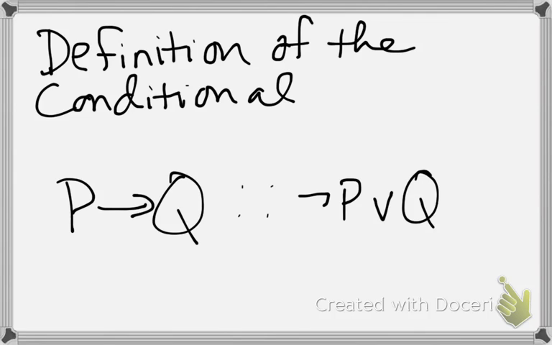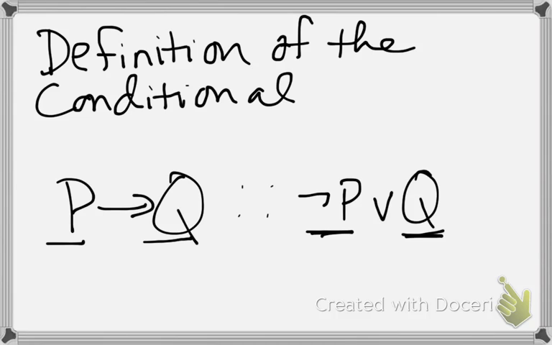The formula P arrow Q is true whenever the antecedent P is false or when the consequent Q is true. So basically the disjunction is just the way of explaining the truth table for the conditional. So that's why it's called the definition of the conditional.